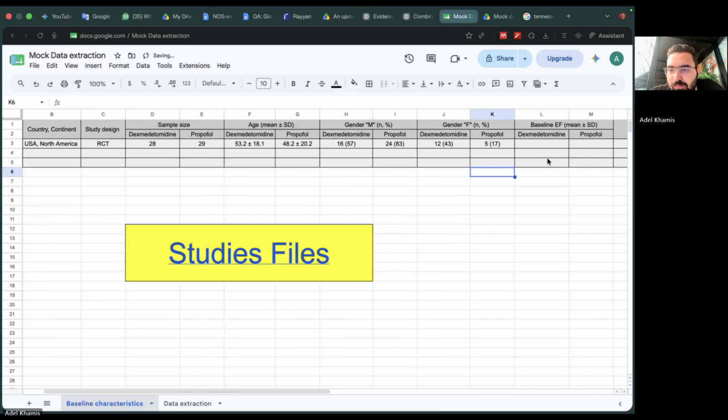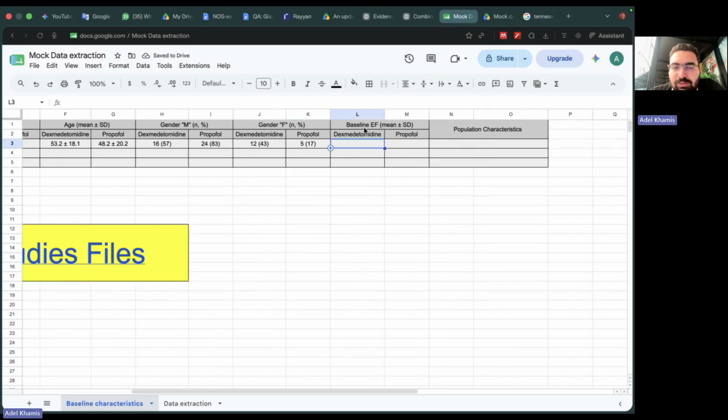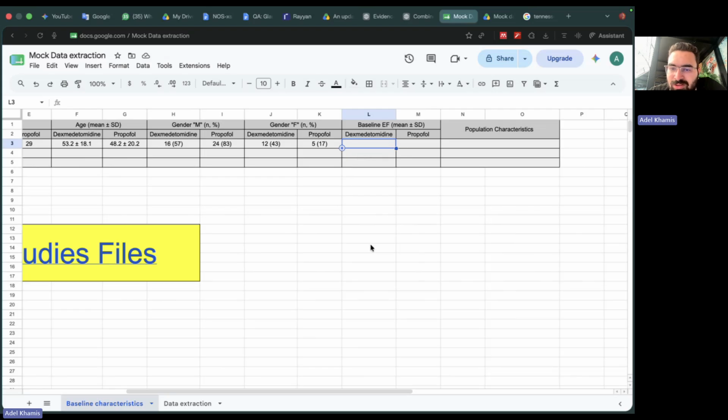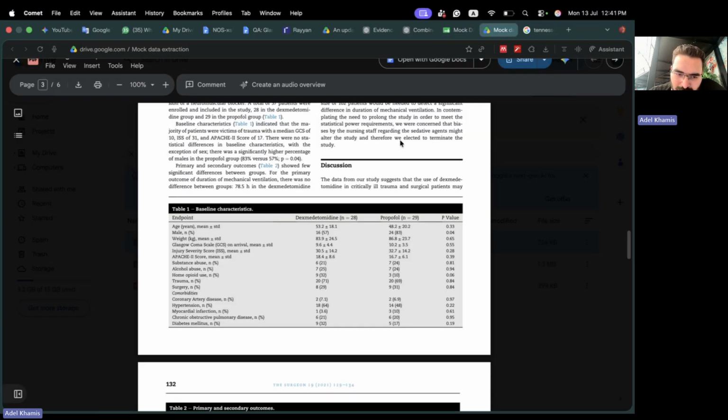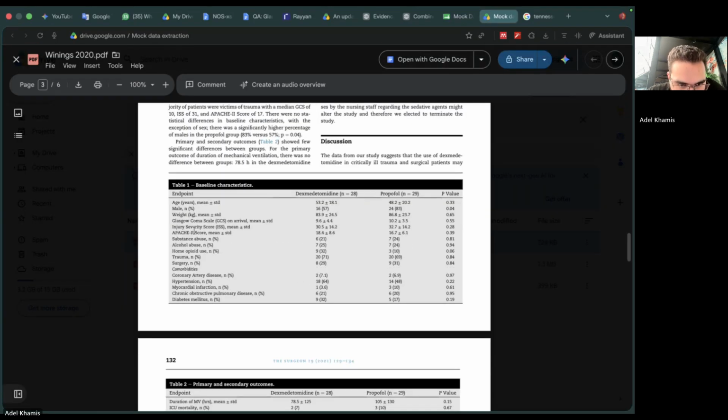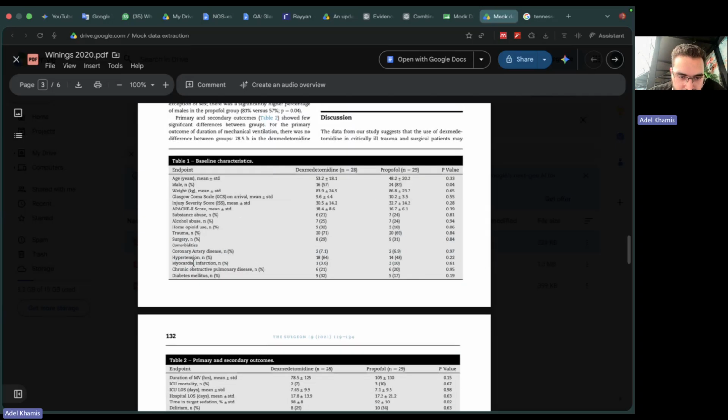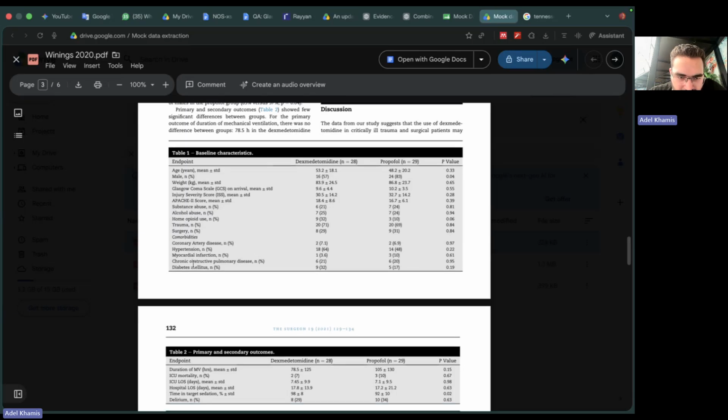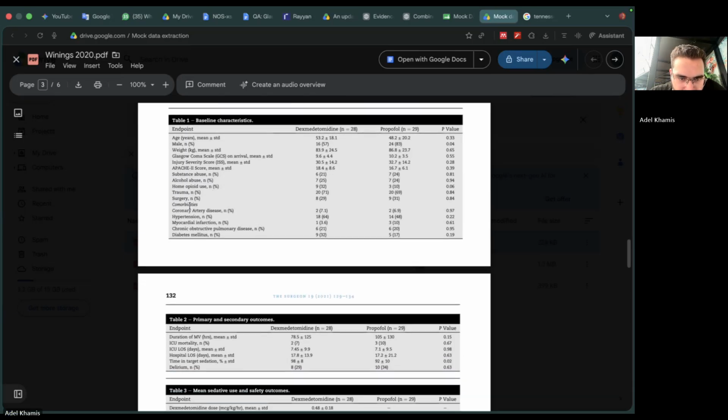Then, if the article mentioned a baseline ejection fraction for them: most of the papers talking about cardiac surgery usually mention this in the baseline characteristics.